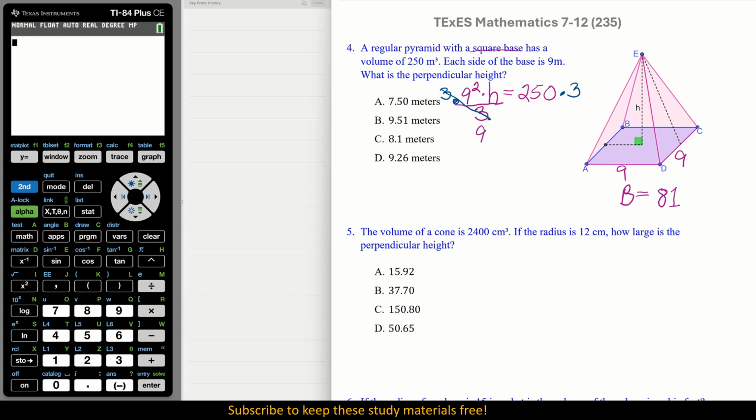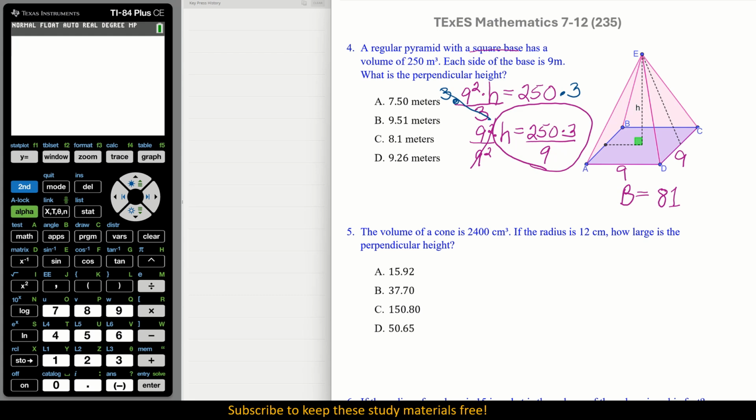Okay. Now let's rewrite. So we end up with 9 squared times the height equals 3. Oops, that would be a 2. 250 times 3. Divide by the 9 squared on both sides. And this is what we put into our calculator.